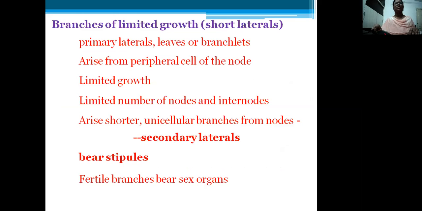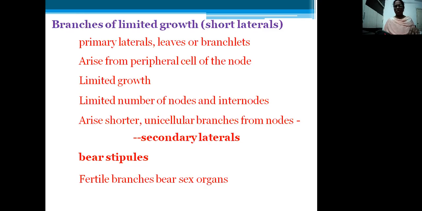From these branches of limited growth, there are some branches called secondary laterals. These branches of limited growth, which are present at the nodal region, have spinous stipulode-like structures at the base. They bear fertile branches and sex organs.